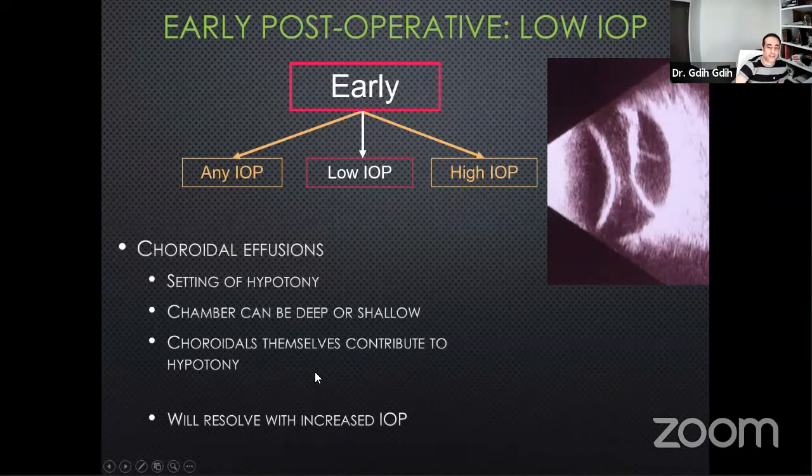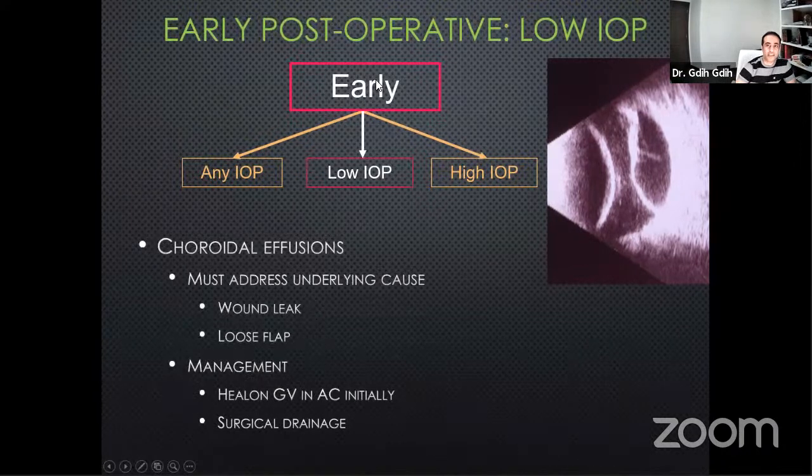Sometimes it's like the chicken and the egg. No one knows which one comes first. Is it the ciliary body inflammation that caused hypotony, or is the hypotony that caused choroidal effusion? There's always a discussion about which one comes first, but it is definitely an inflammatory process, and a steroid is helpful in this condition.